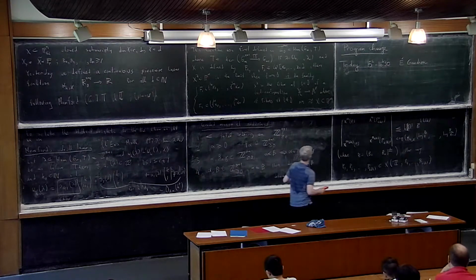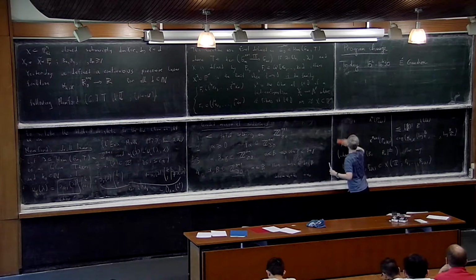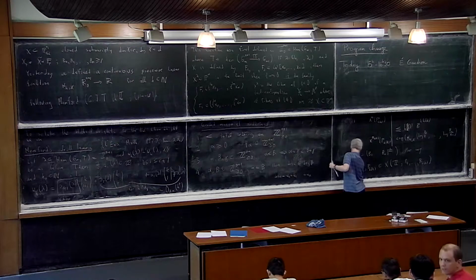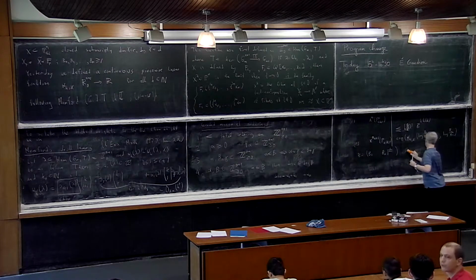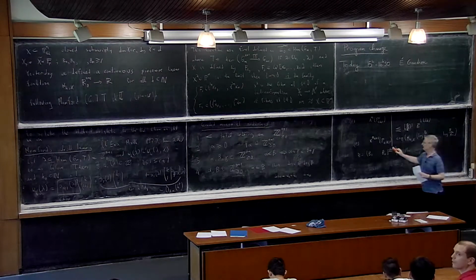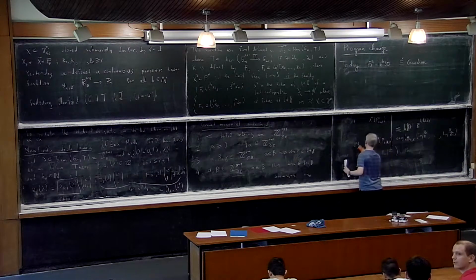And so I will tell you now that if these log B0 up to log Bn are linearly independent, which is the generic case, then there is one natural graded monomial ordering.